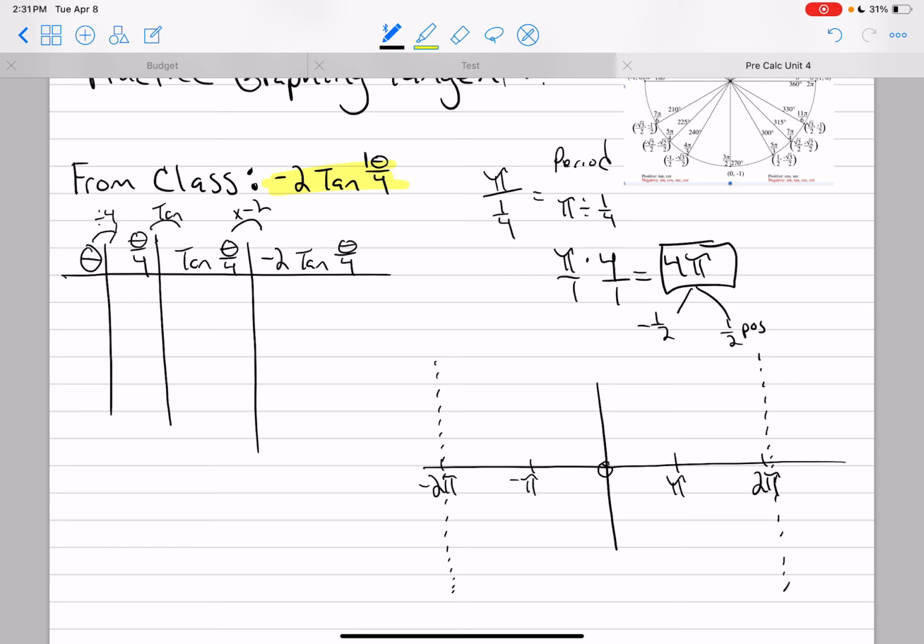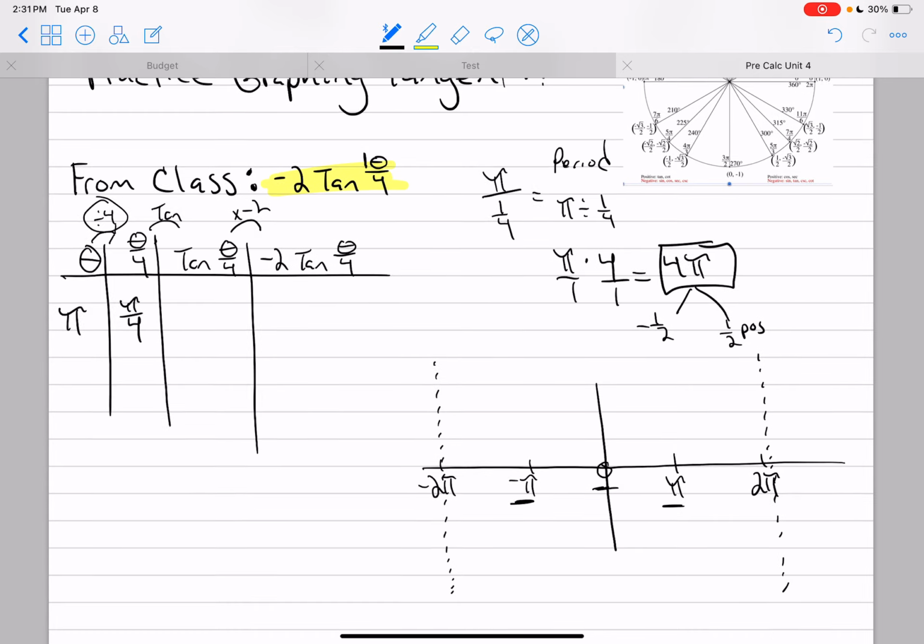So now I'm just going to use these inputs and see what happens. Those are my important pieces. First off, what if theta was pi? Take theta divided by 4. That's pi over 4. Now I need to find the tangent of pi over 4.